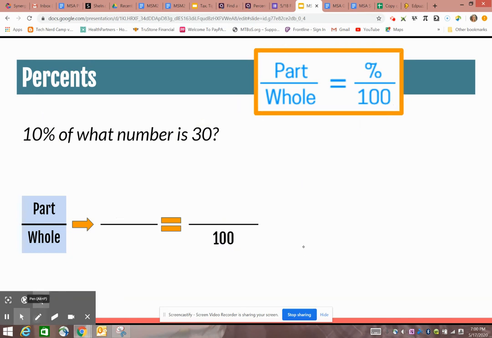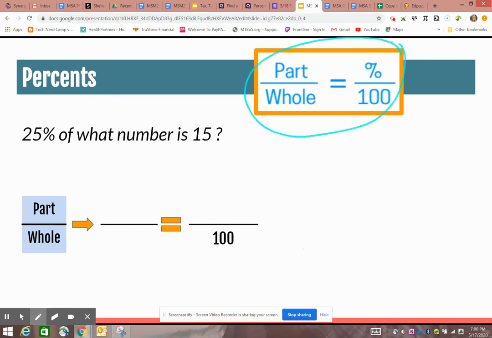Okay, taking a peek at our next one here. I've got 2 left. Actually, here's my next one. There we go. 2 left. 25% of what number is 15? So using our proportion, part over whole equals percent over 100. What's the one number right away you see?